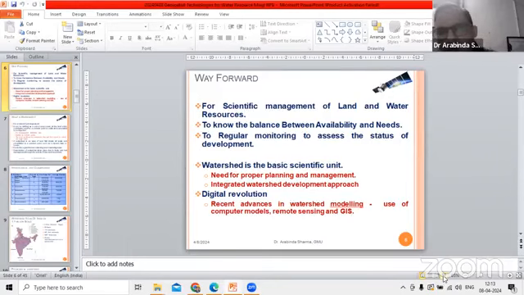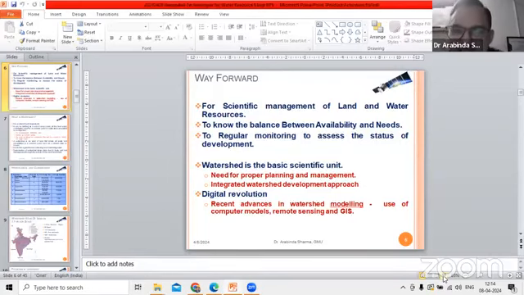So that is how the usage of geospatial technology, especially remote sensing, GIS, GPS, and other technology like computer programming, can help you understand these characteristics as well as how they affect the hydrological cycle.